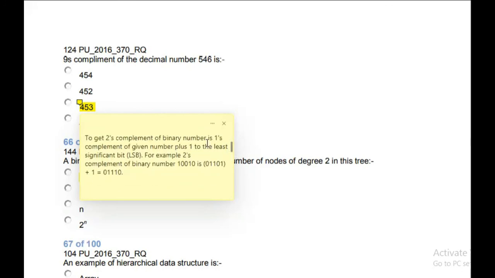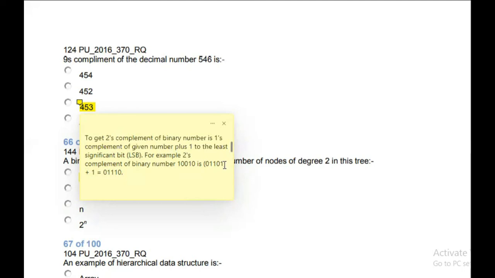To get the 2's complement of a binary number, take the 1's complement of the given number plus 1 to the least significant bit, LSB. For example, 2's complement of binary number 10010: first invert the number, 1's complement 01101, and plus 1 is equal to 01110.